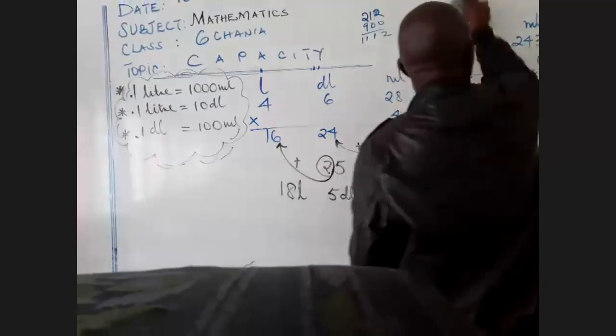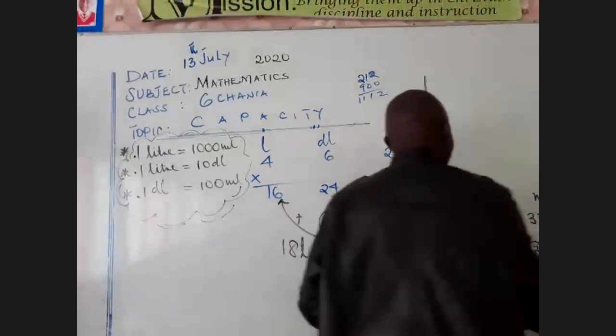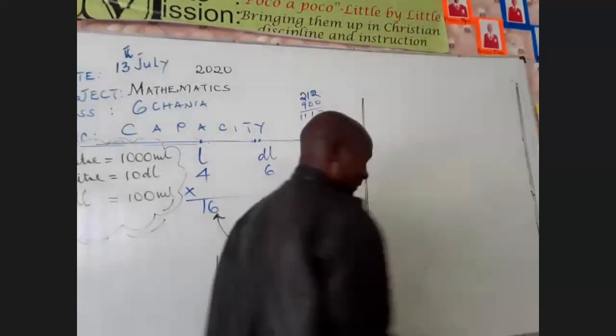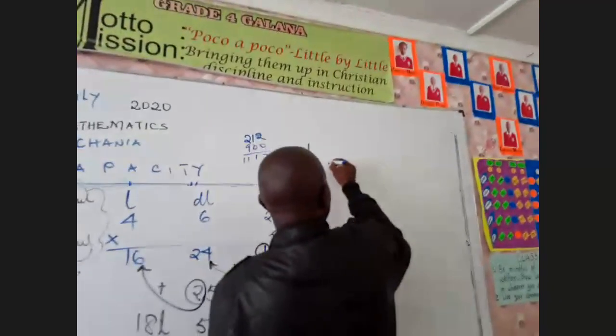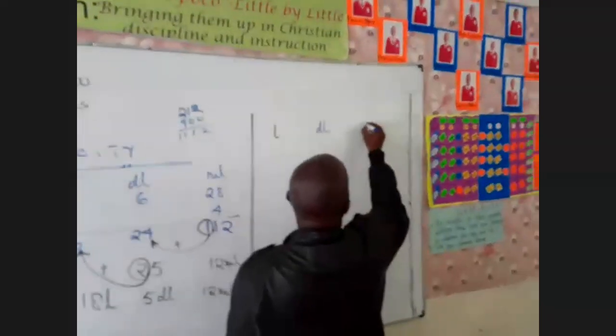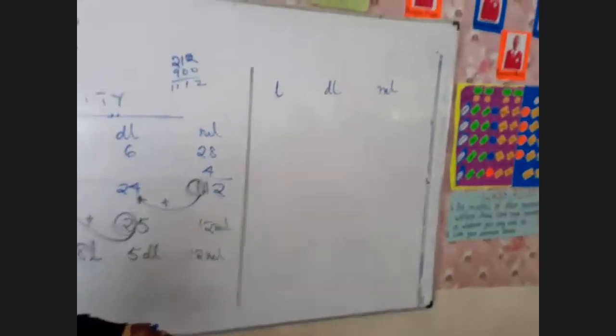Let's take another example again. Maths is just interesting. Learning maths is fun. It's just having fun with digits, playing around with them. Let's take another example here. Let's have liters, deciliters, and milliliters. Which units shall we use now?